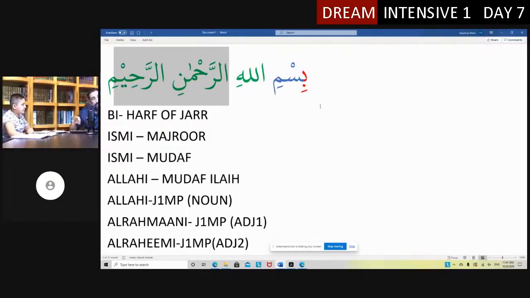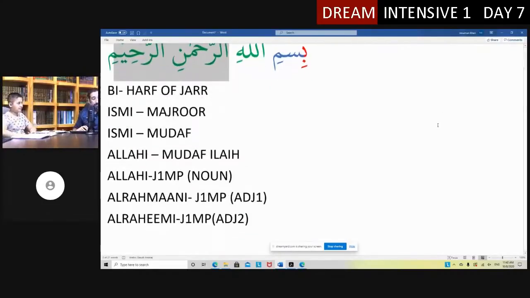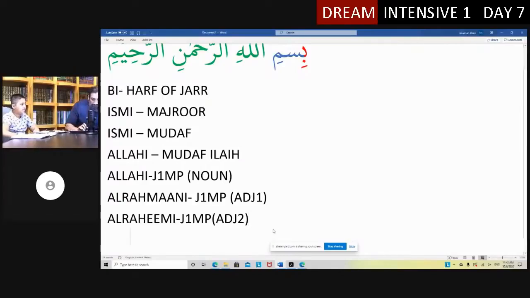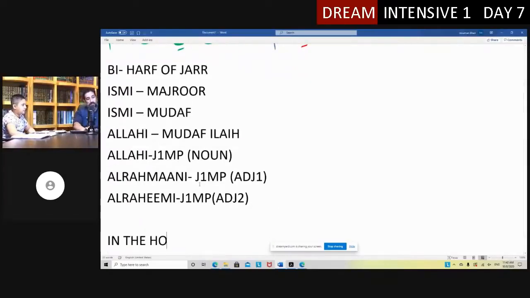And you translated an entire ayah and understood all of its grammar on day 7. That's our first ayah of Quran. Now think about this. Bismillah ar-Rahman ar-Rahim is not a sentence. If I said, in the house, is that a whole sentence?